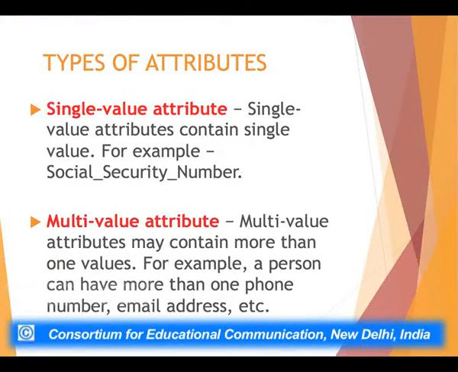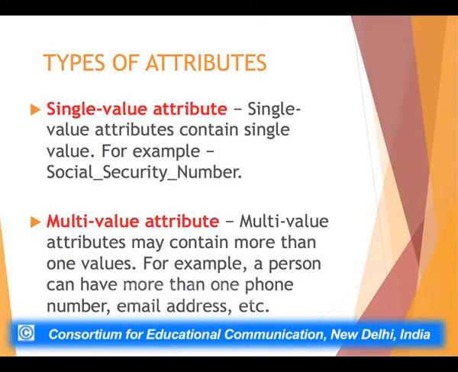Then we have other types of attributes like single valued attributes which contain only a single value. For example, the social security number, or in our case the Aadhaar number, whose value is only one. Whereas, we can have multi-valued attributes which may contain more than one value.